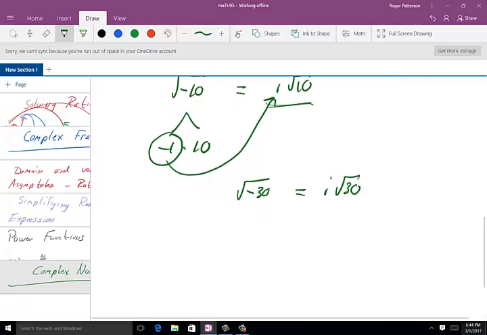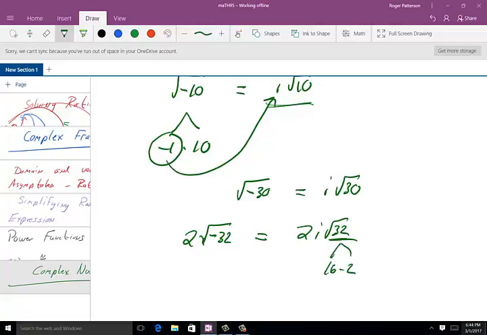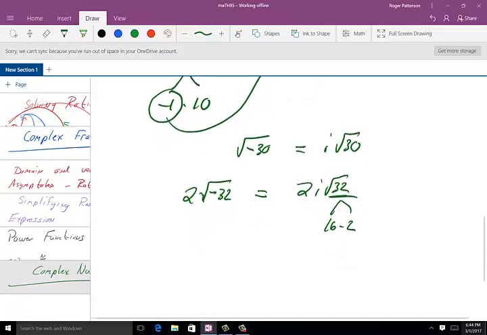If you have 2 square roots of negative 32, then that would be 2i square root of 32, but can you break that down? What's that break down to? 16 and 2. And the square root of 16 is 4, so that 4 is going to go out there.